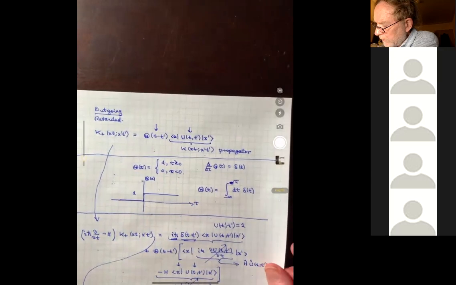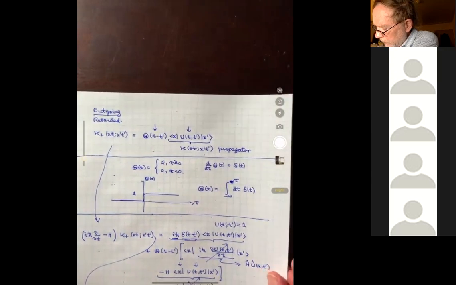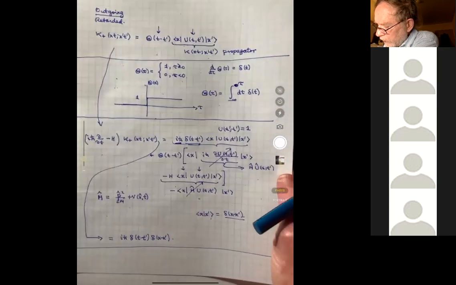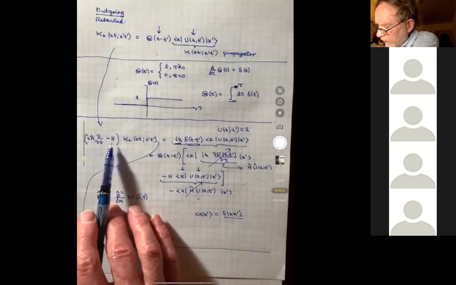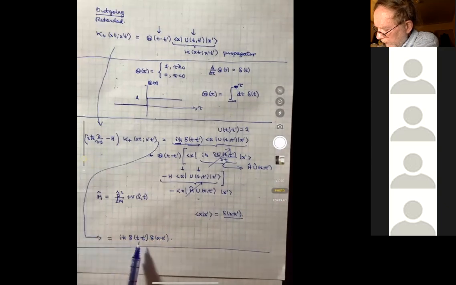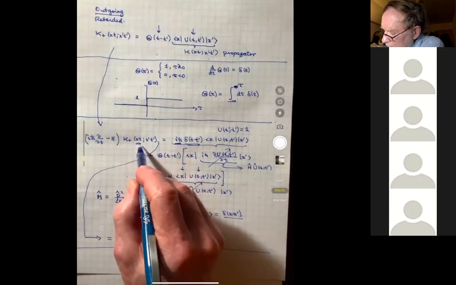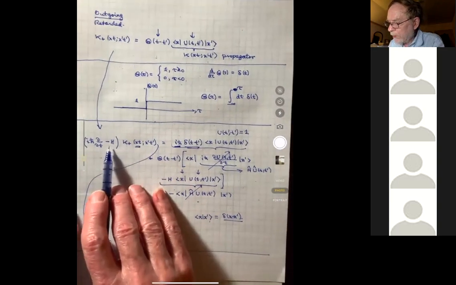For positive times, well, here's the Schrodinger equation, which the K satisfies. You have to follow this line down to see the right-hand side. What you can see is the K plus in the field variables x and t, because that's what the H operator acts on.